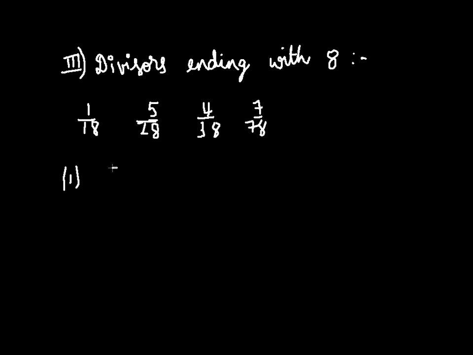Let's take 5 by 28. Here we'll add 2 to the denominator to get it as 5 by 30.